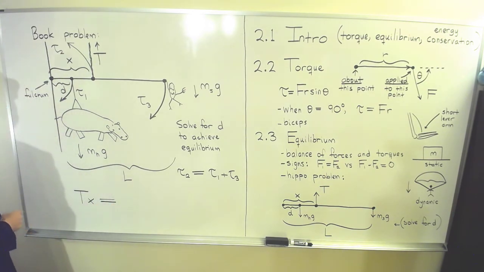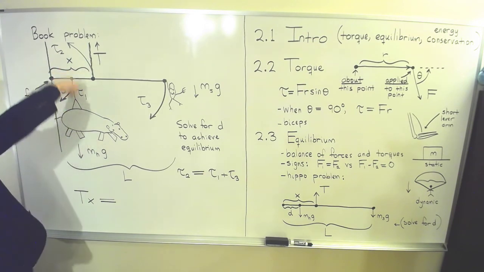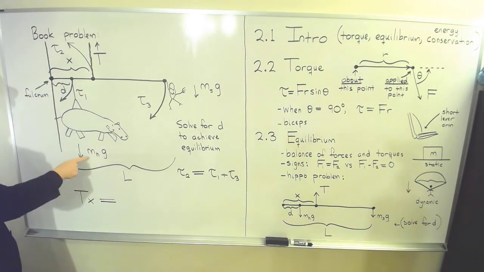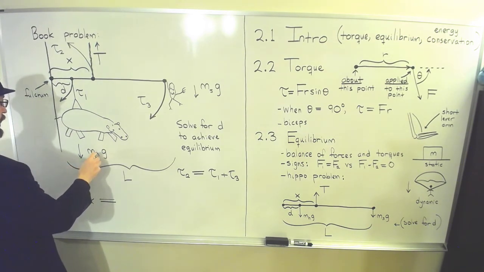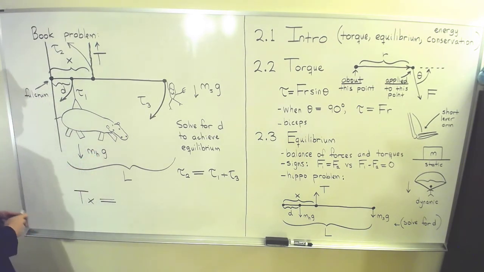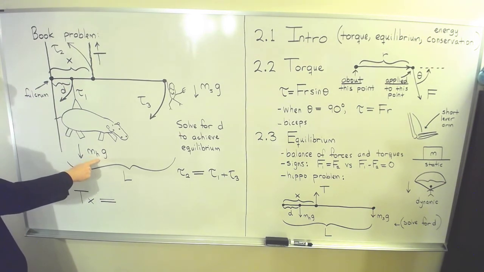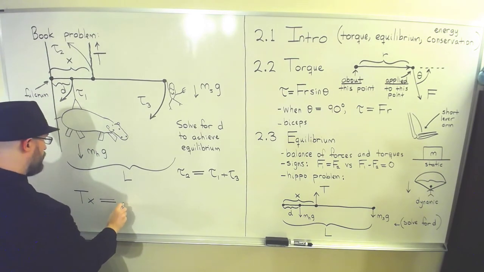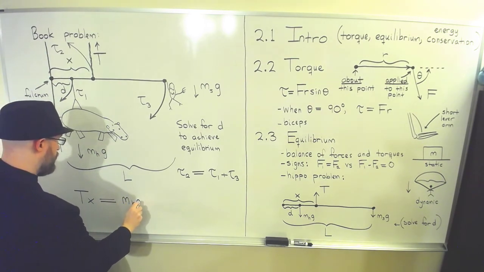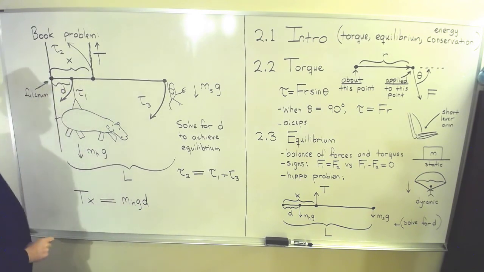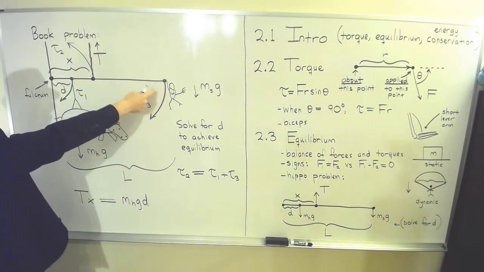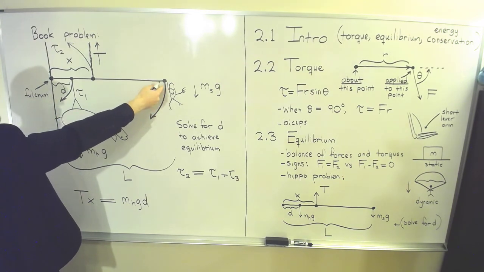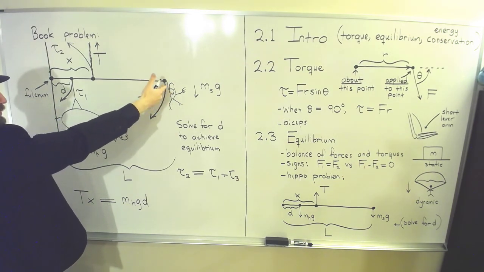This equals, what's T1? Well, the hippo is pulling straight down. The force is mh times g. This looks more like an N than an H, but you know it's supposed to be an H. The force is mh times g. The distance, the lever arm, is d. So you'll have the force, this is mh g d. And then you have the torque that's exerted by the little cracker here.